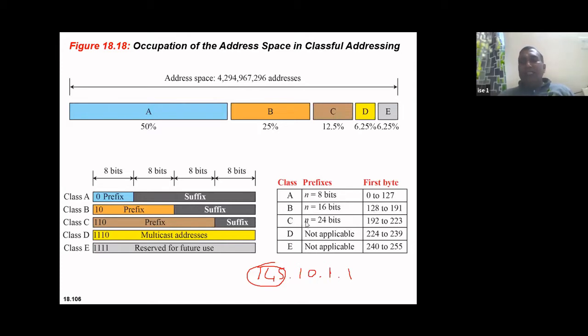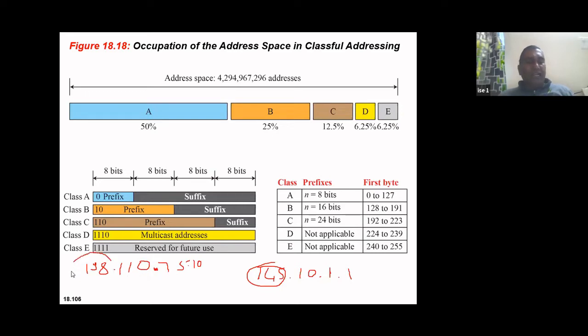You got the idea. Class C is generally 192 to 223. So if the address is 198.110.75.10, something like this, then I know that this is dot, this is dot.